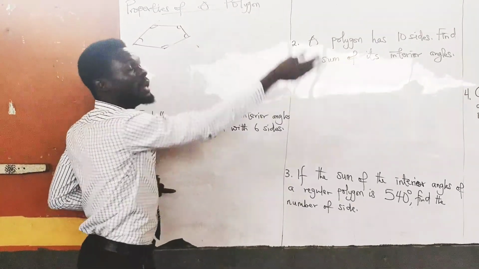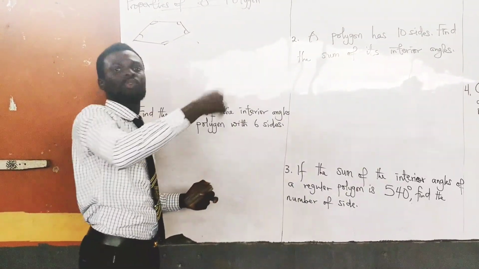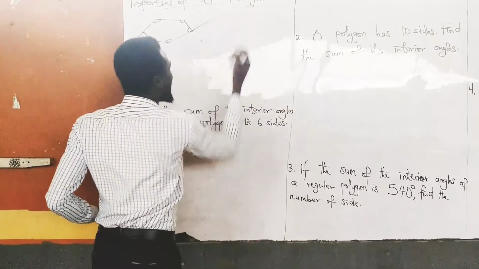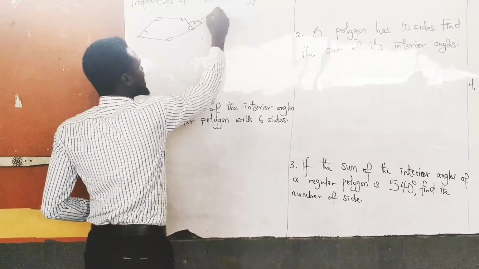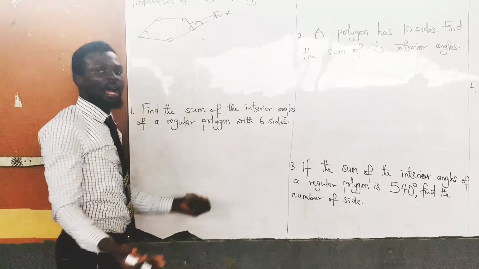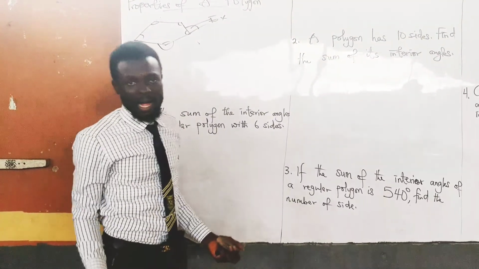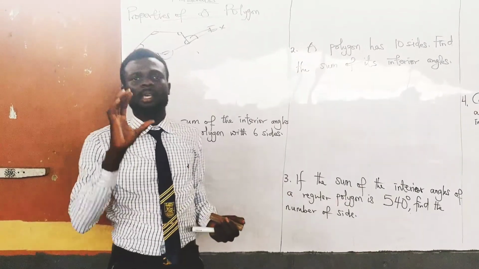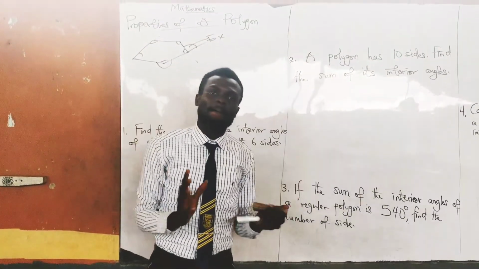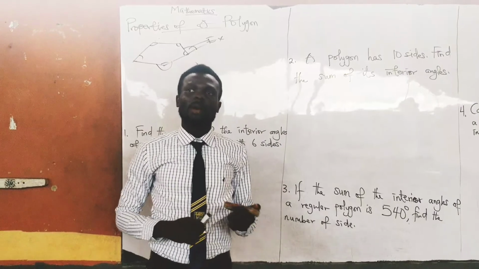But exterior angles are located outside. So if I draw a line here, the angle here is an exterior angle. The angle here is also an exterior angle. But today's calculation is how to find the sum of interior angles.